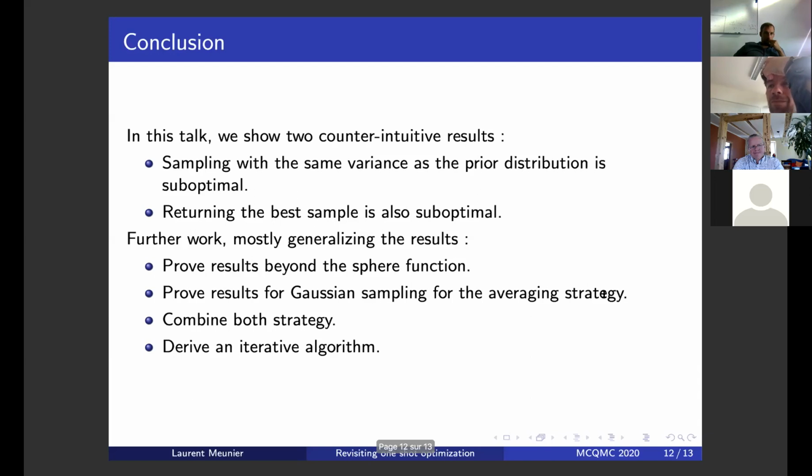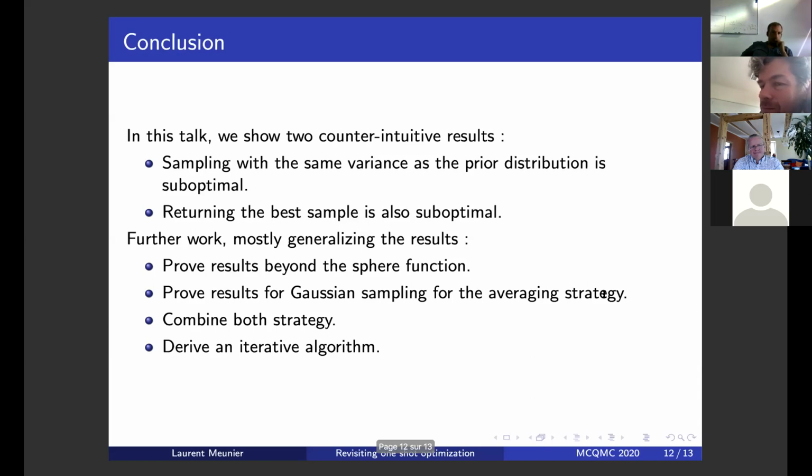But as further work, we want to prove results beyond the sphere function, which I've done but not submitted or published yet. After, we want to prove results for the Gaussian sampling in averaging strategy. It's a bit more technical, but we've not worked on that yet.